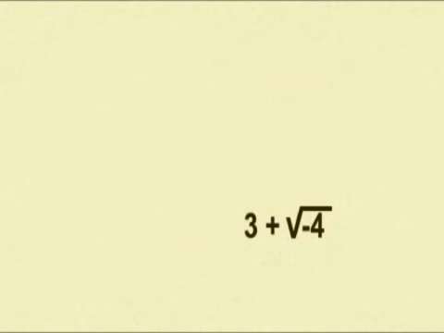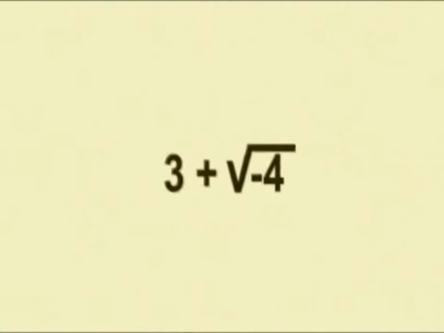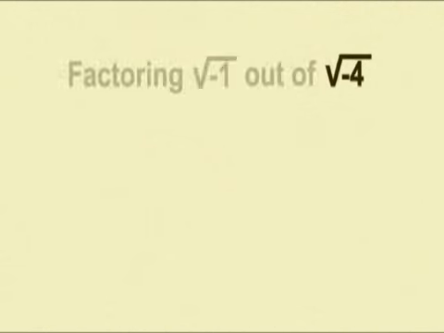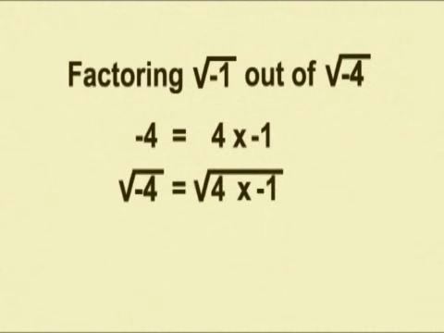To get this complex number into its standard form of expression, we have to do one more thing: factor out the square root of -1. Since -4 is the same as +4 times -1, the square root of -4 is the same as the square root of +4 times the square root of -1. So we can separate them into two factors.